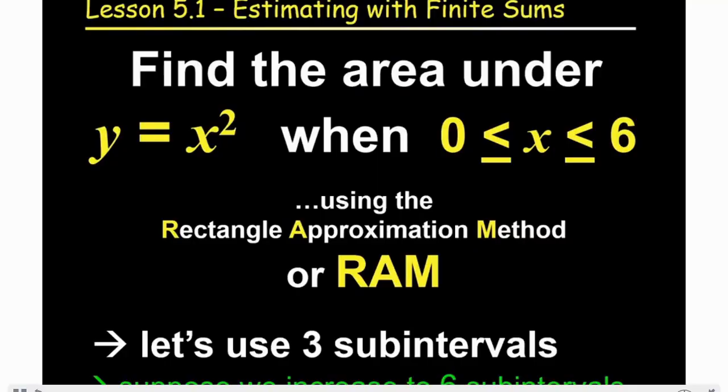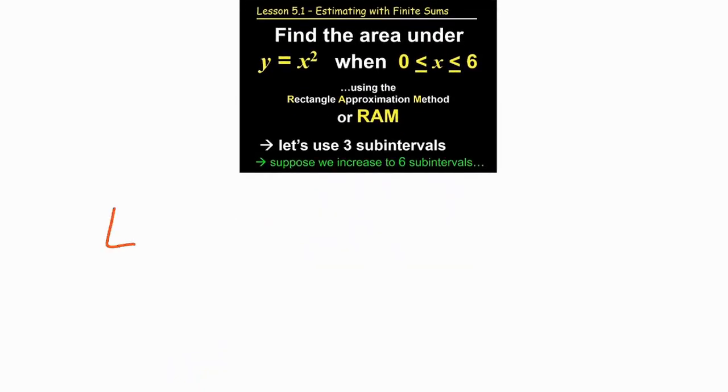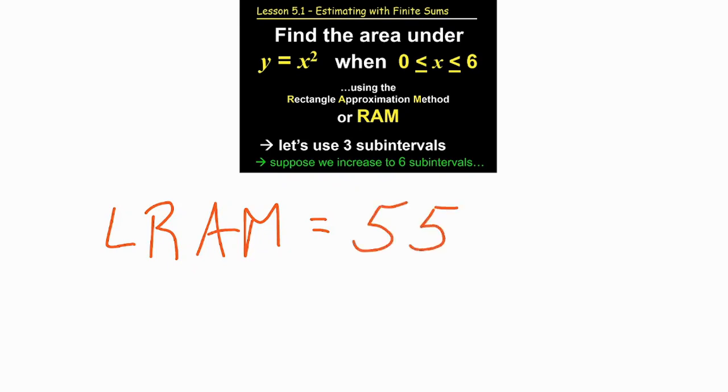So when we increase to 6 subintervals, would you agree that at least the LRAM that we found became more accurate? There was definitely less wasted space with those smaller rectangles, and you can even see that the answer that we found got a little bit better, at least a little bit closer to that average answer that we had found previously.